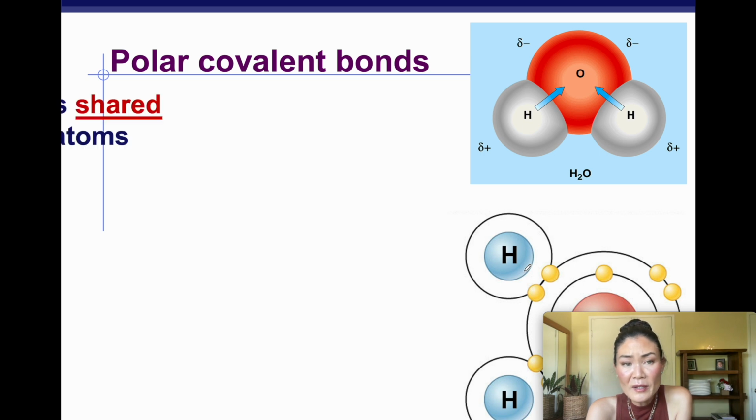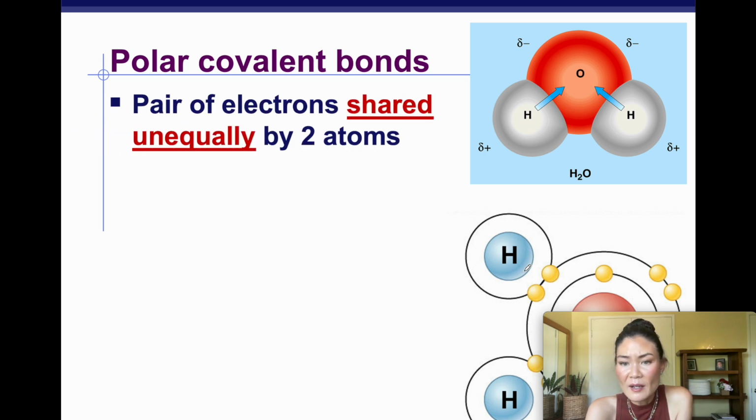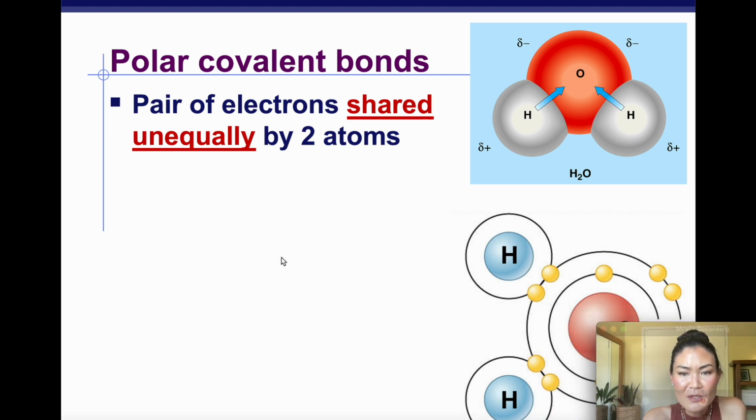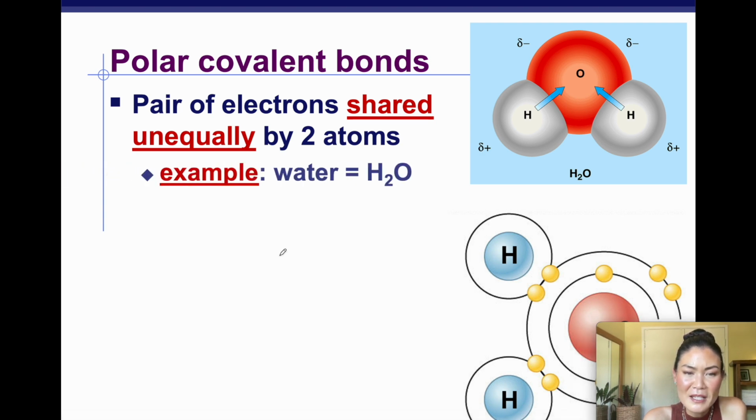Whereas polar covalent bonds are where atoms are sharing electrons unequally, okay? So this is where a pair of electrons is shared unequally by two atoms. Water is a really good example. And again, chapter 3 is all about water, but let's get a sneak peek.